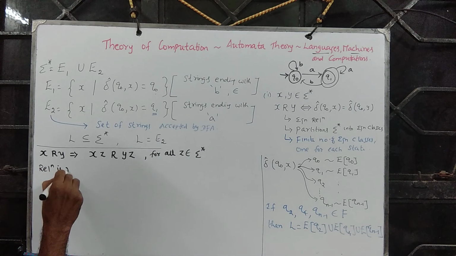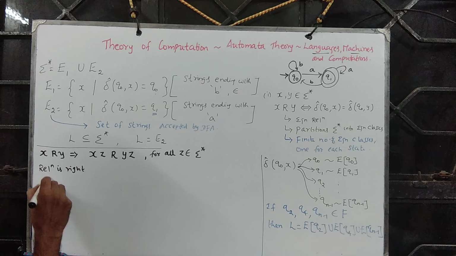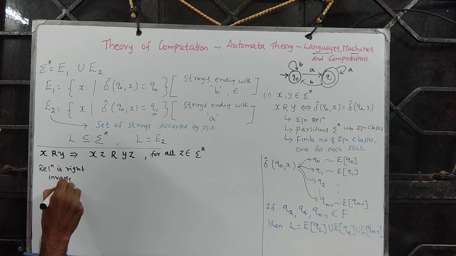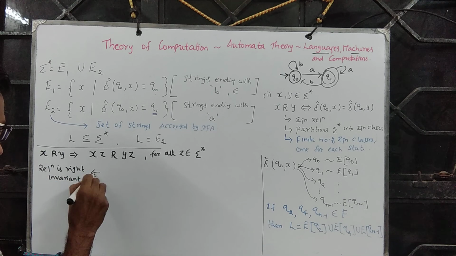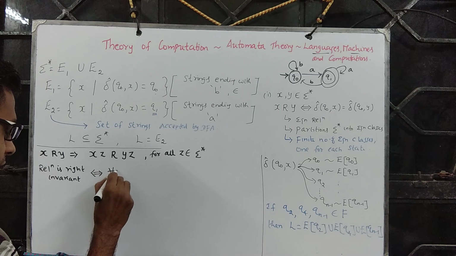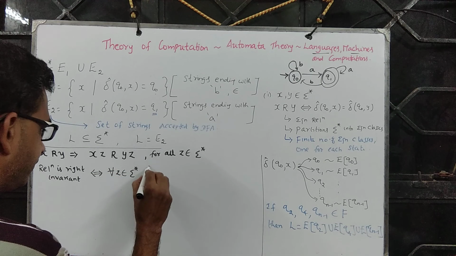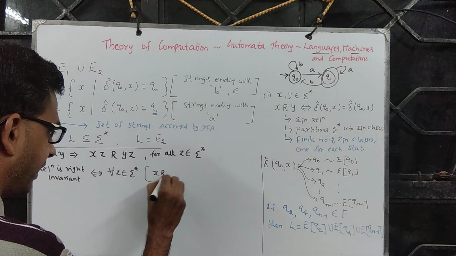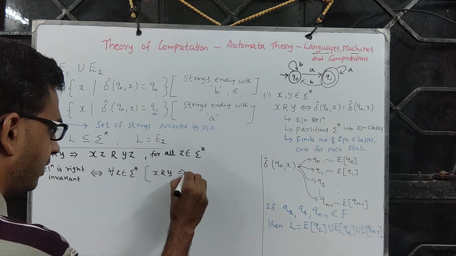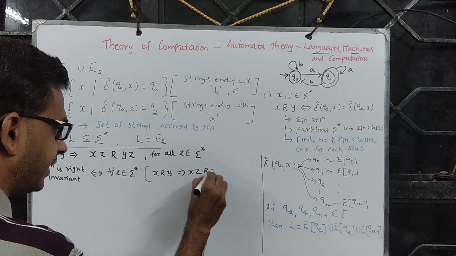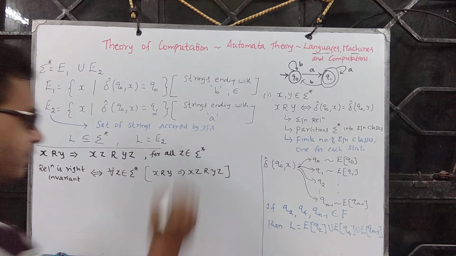A relation is right invariant if and only if for all z belonging to sigma star, x related to y implies xz related to yz.